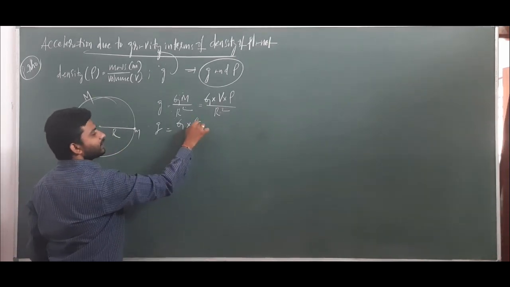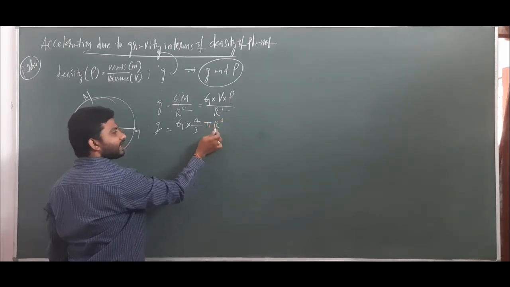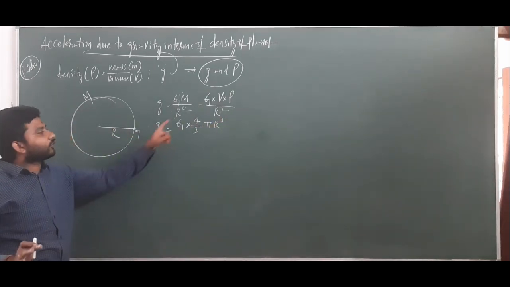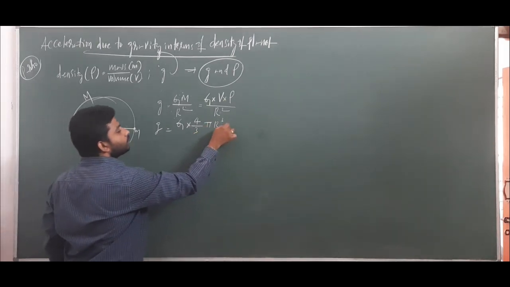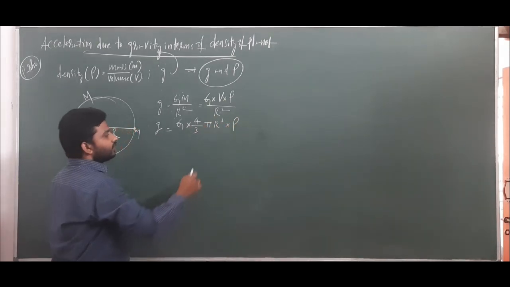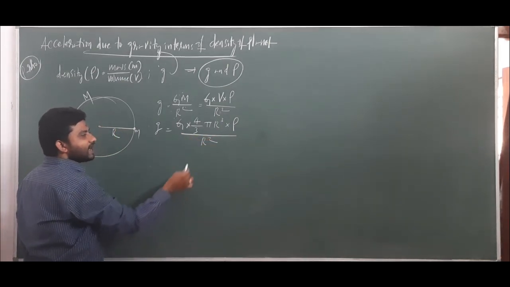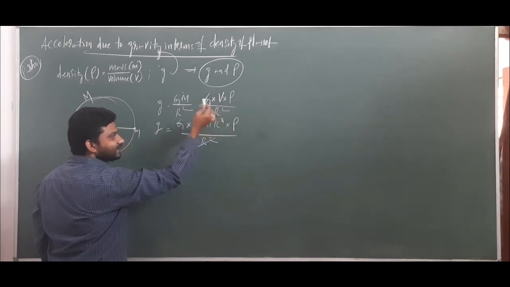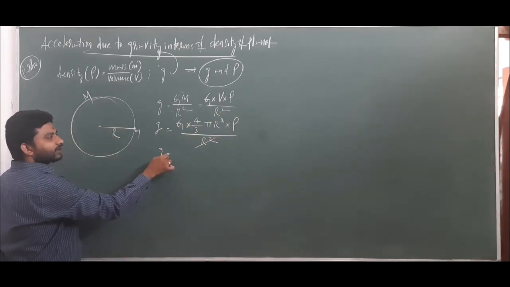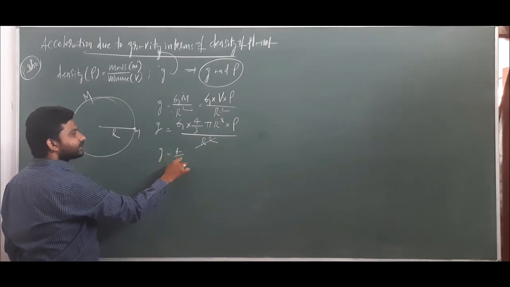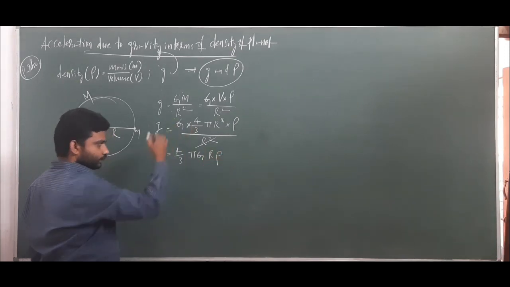Volume of a sphere is 4 by 3 pi r cube, where r is the radius of the planet. 4/3 pi r cube is the volume of the sphere, into its density rho, divided by r square. Carefully you see, r square cancels and you have r in the numerator. So acceleration due to gravity is 4 by 3 pi G r rho.